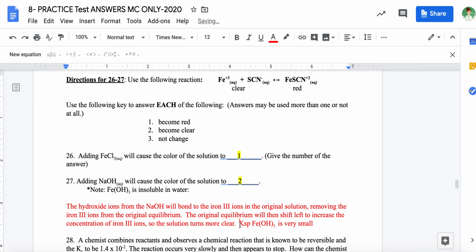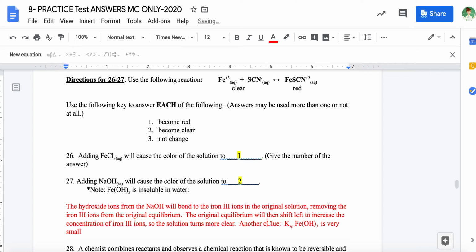That could be another way that I could give you this information. Because remember, KSP tells us how soluble something is. So you may not be told straight out, this is insoluble. The clue could also be that this KSP value is very small. Okay, so just keep that in mind.